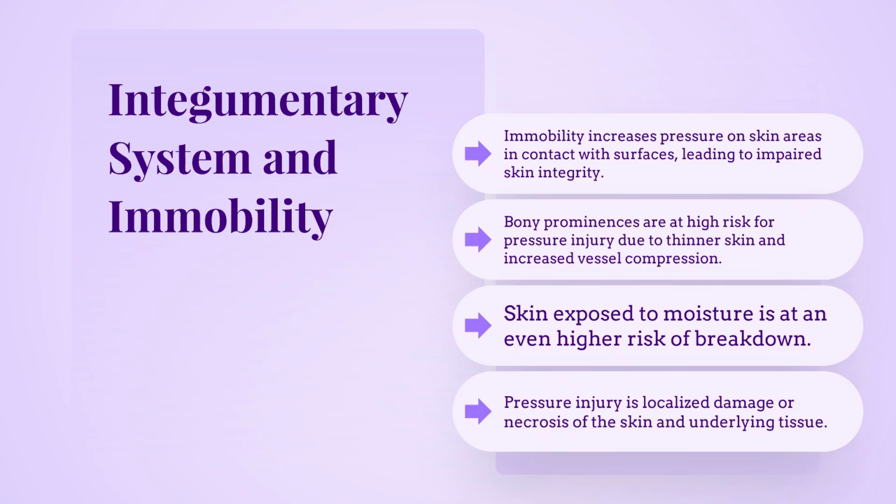And then pressure injuries are those localized damage or necrosis to the skin and underlying tissue. It's caused by that pressure and then the shear from pulling somebody up in bed without lifting. When you do that, you are pulling the body up, but the skin is staying behind. So you're increasing the likelihood of having that necrosis to the skin.